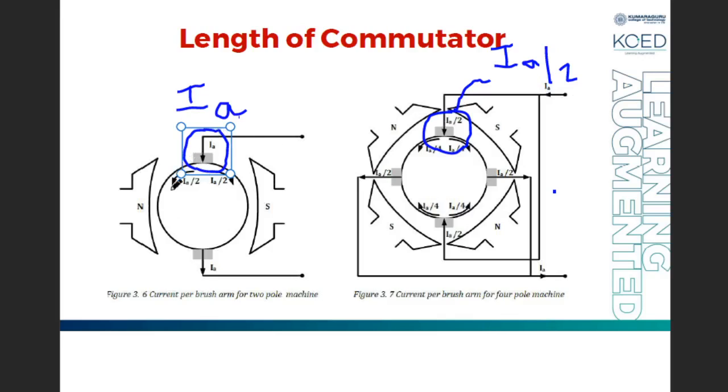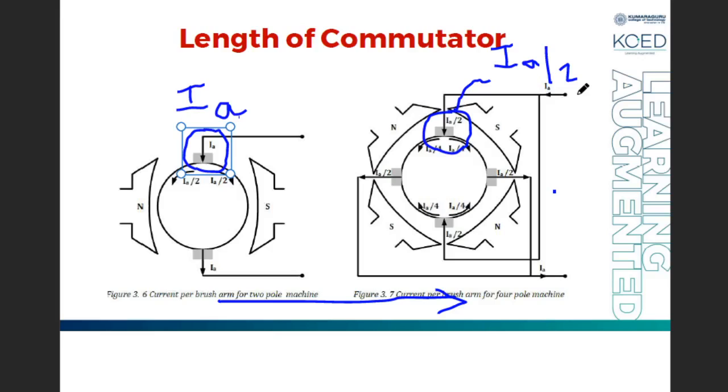We'll take the two pole machine as a low number of poles and the four pole machine as a higher number of poles for comparison. If I increase the number of poles from two to four, the current carried by the brush decreases. Here it is IA and here the brush current is IA by 2.